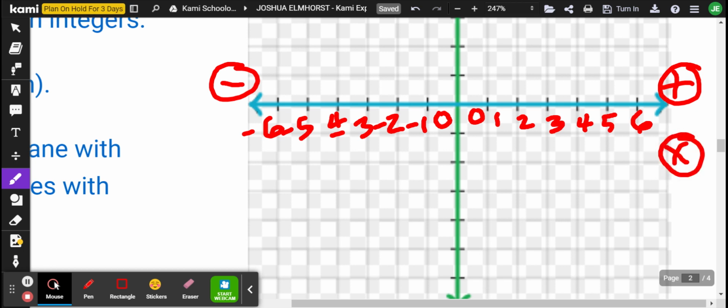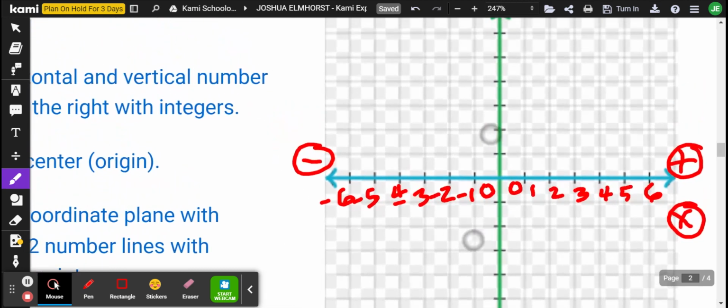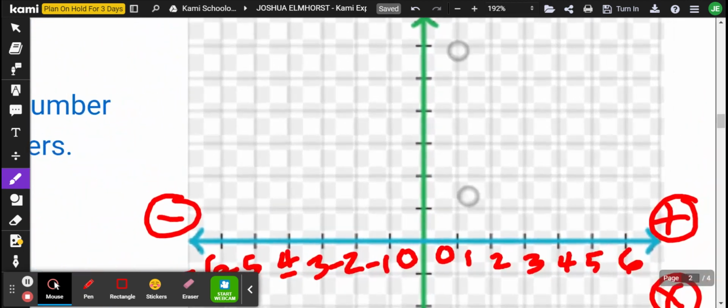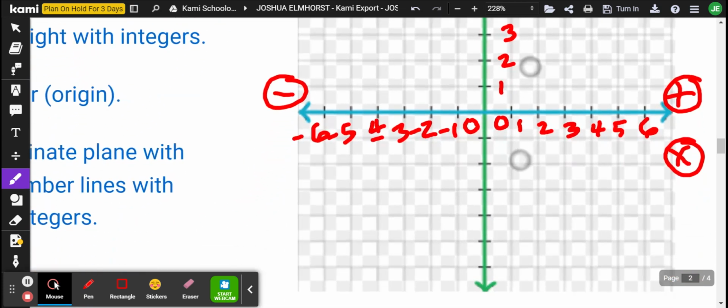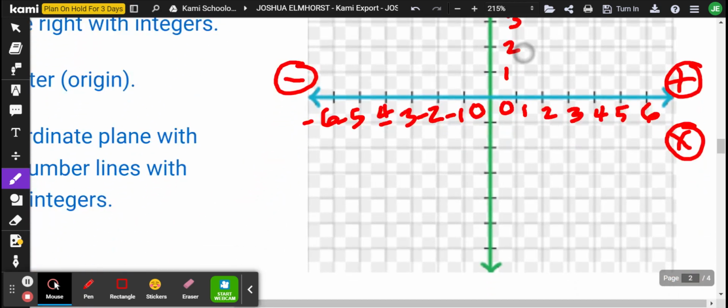Now, in order to make a coordinate plane, we're going to have a second number line, and positive is going to be going up, and negative is going to be going down. So we count up 0, 1, 2, 3, 4, 5, 6. And going down below 0, starting at 0, going down is going to represent our negatives.